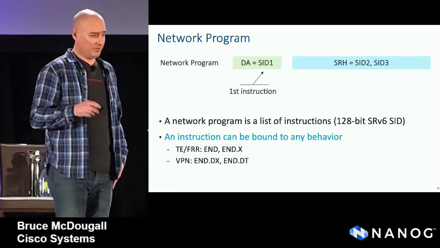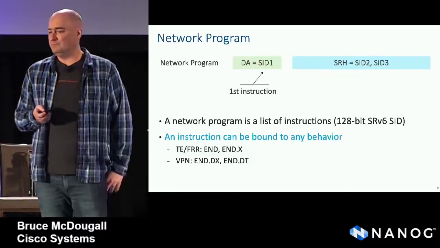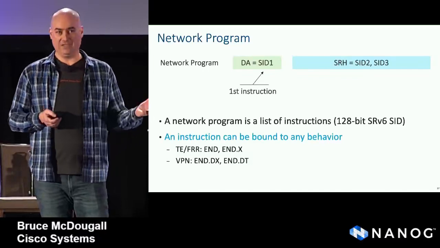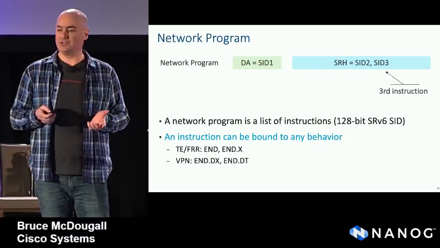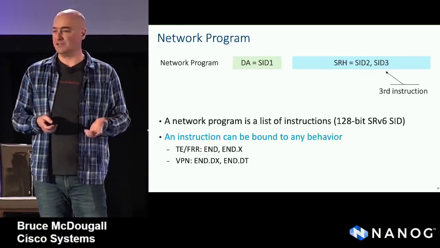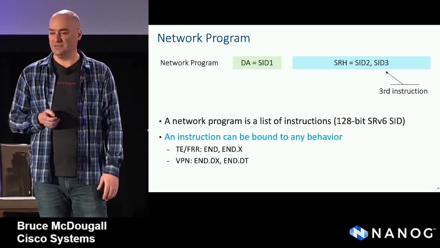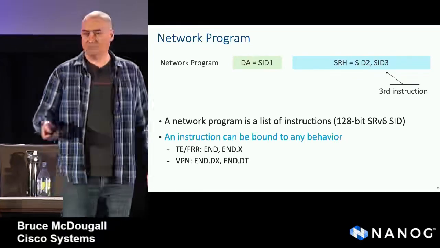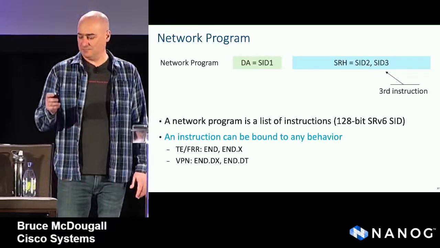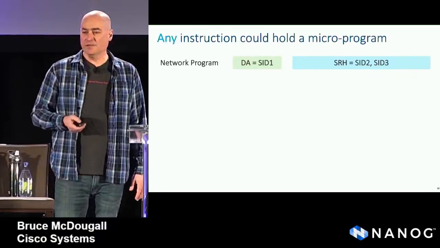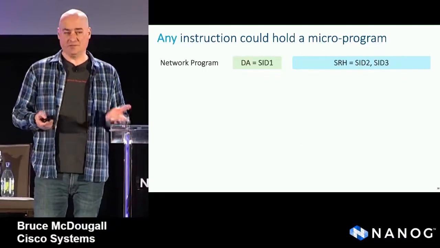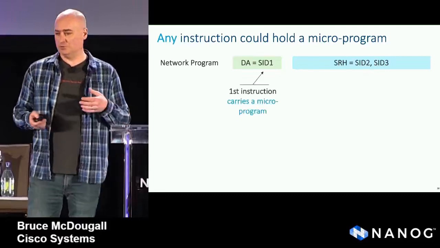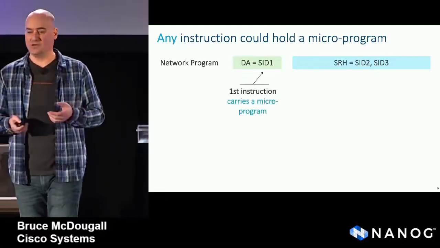So a reminder of the network program. The first instruction is the destination address. The second instruction, third instruction, if needed, are the SIDs that follow in the SRH itself. This is network programming as we first conceived. Now with SRv6 microprogram, any of those instructions could hold a microprogram within it.